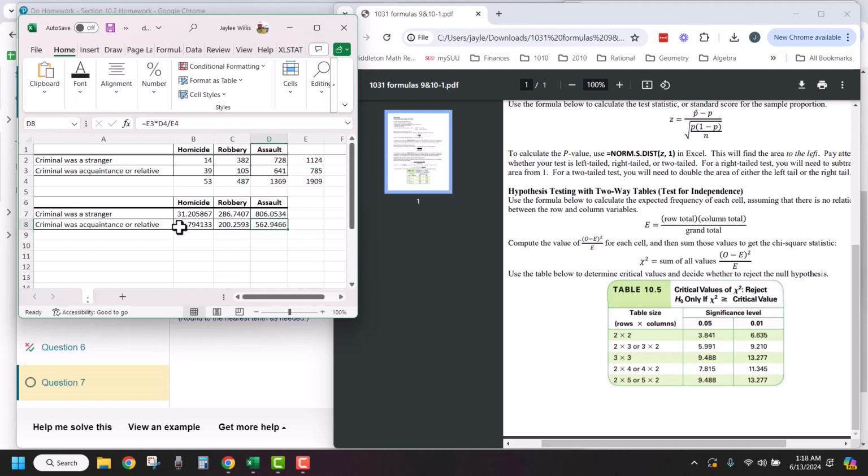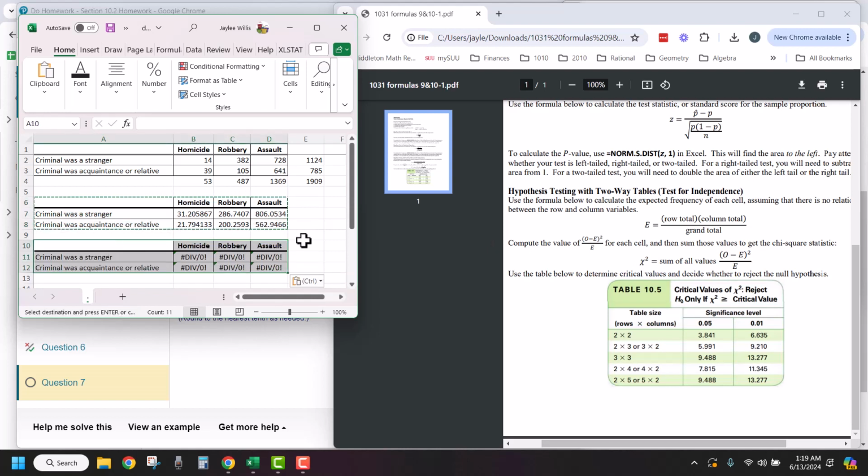Okay, awesome. So we've got all of those numbers here. And now we want to calculate the chi-squared value. So chi-squared is the sum of this calculation for all of the cells. So I'm going to calculate this again, and maybe it'd be good to label these so that we know what we're doing here.